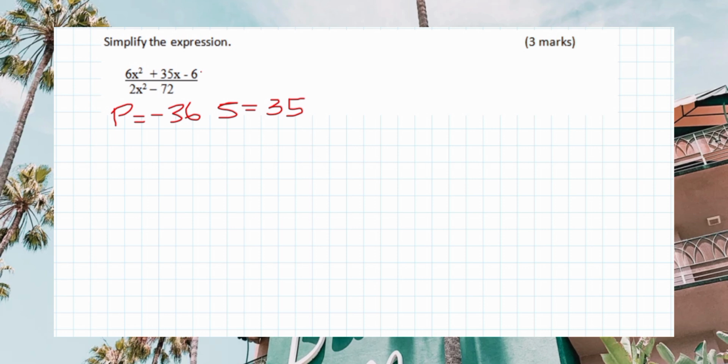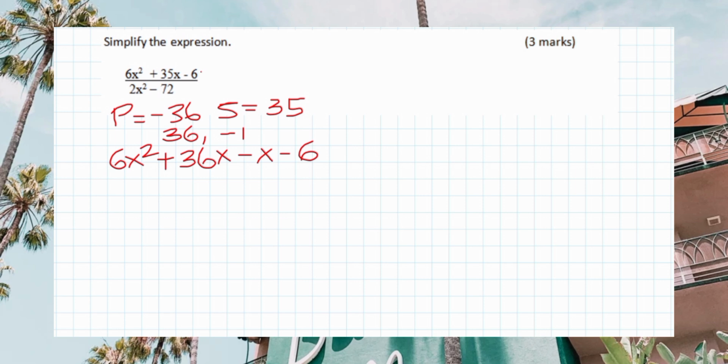These two factors are 36 and −1. We insert this in our numerator, so that we have 6x² + 36x − 1x − 6.